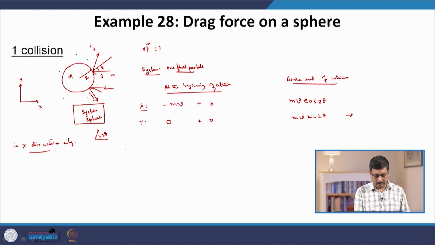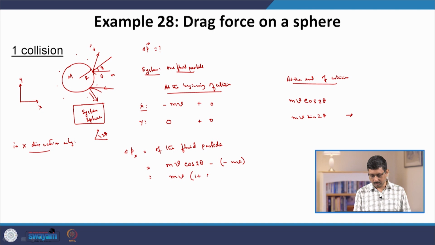So, let us look at the change in momentum of the fluid particle in the x direction. This is m v cos 2 theta minus m v. So, this is m v (1 + cos 2 theta).